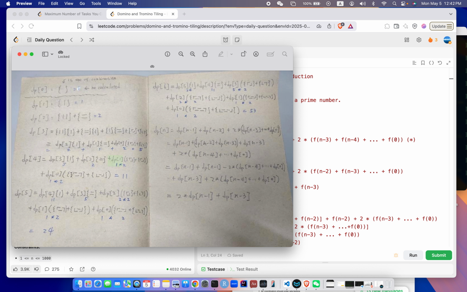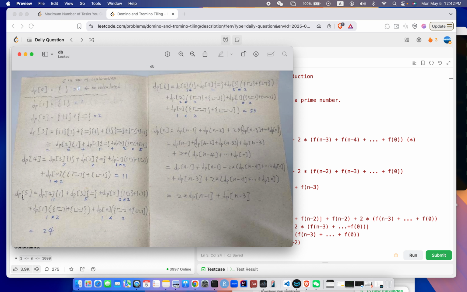If you have 4, you have 2 Triminos and 1 domino. So these are the 2 configurations. You multiply by dp0 because 4 minus 4 is 0. By now, hopefully you have seen the pattern. That is dp4 equals dp3 plus dp2, plus 2 times dp1 and 2 times dp0.